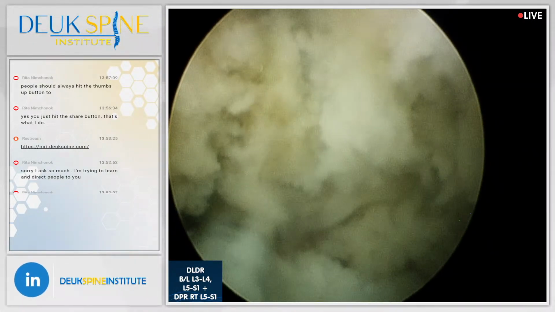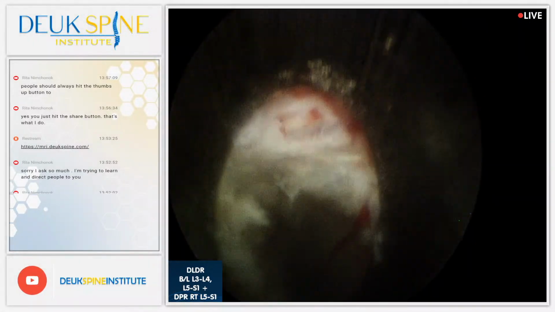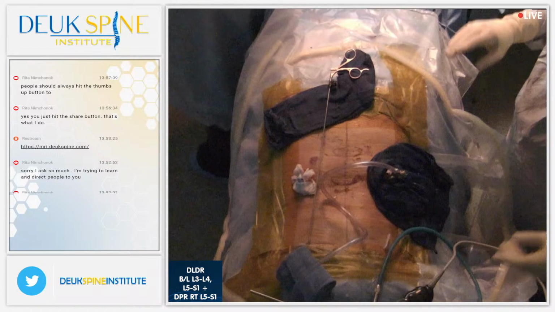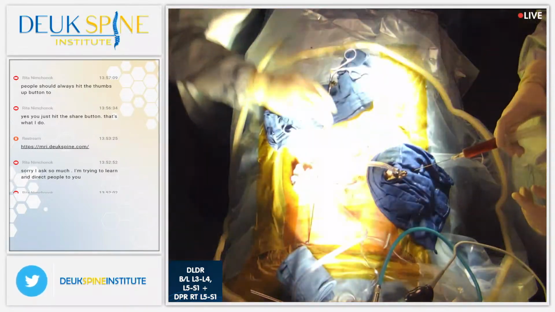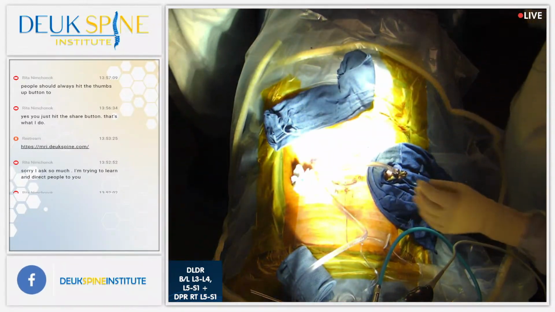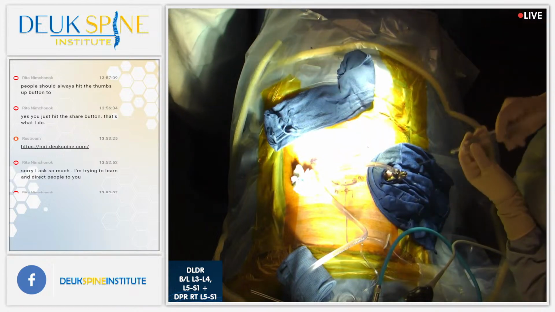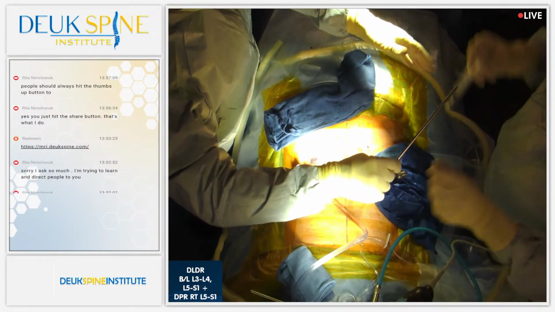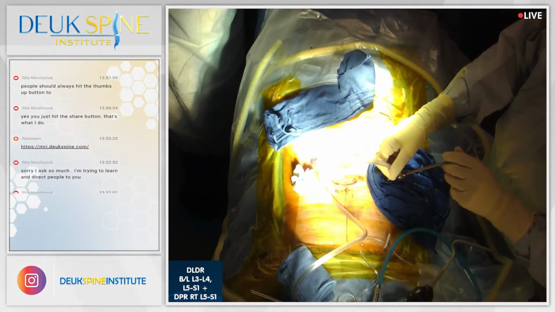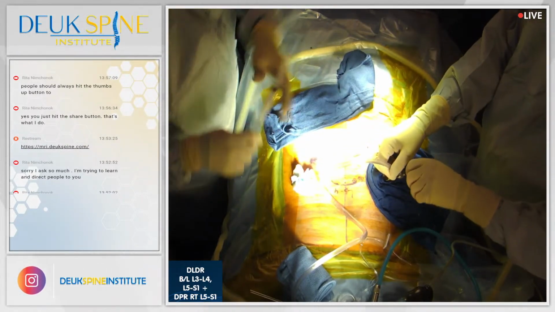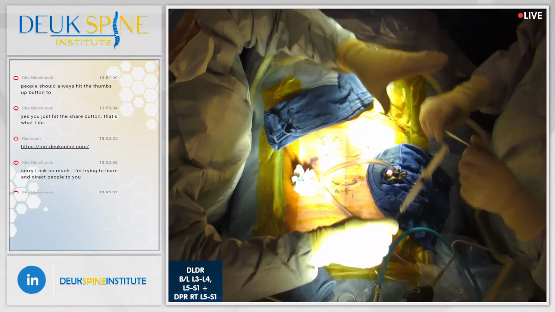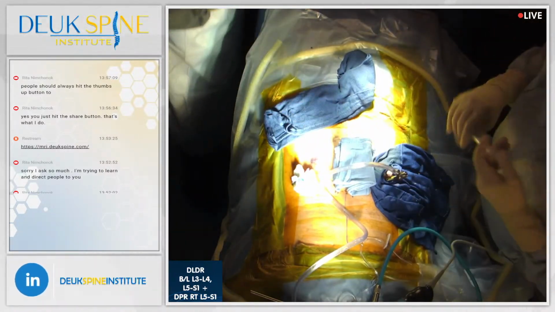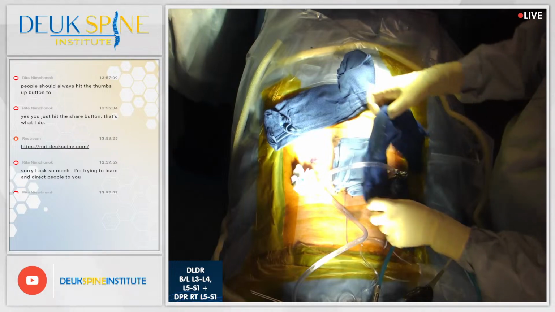All right, we are done here. We're going to move on to the next disc. We just finished left 3-4. We're irrigating, getting all the little other bits and pieces out. I put a little antiseptic. Standard for surgery. Surgeons use antiseptic in their irrigation to reduce the risk of postoperative infection. Standard protocol. All right.